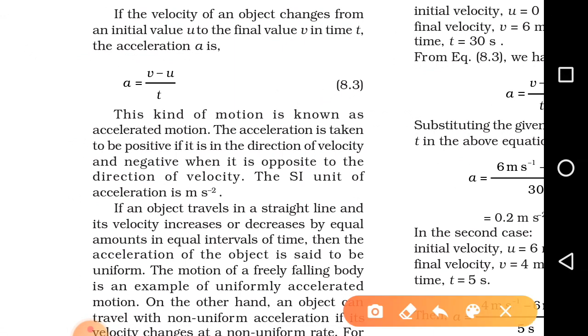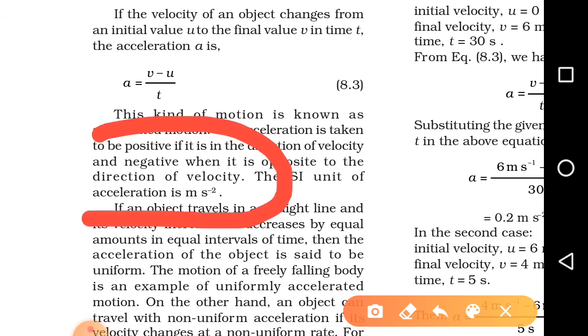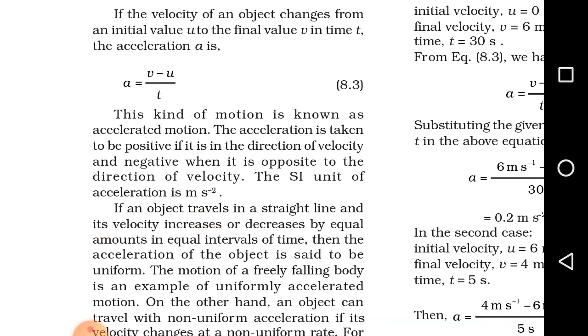The SI unit of velocity was meter per second. Similarly, the SI unit of acceleration is meter per second square. Got the idea?